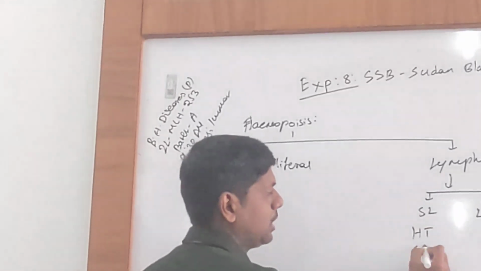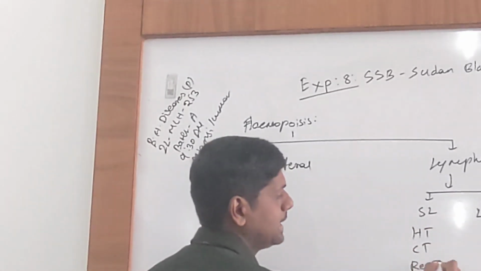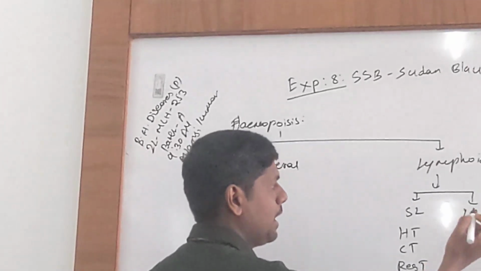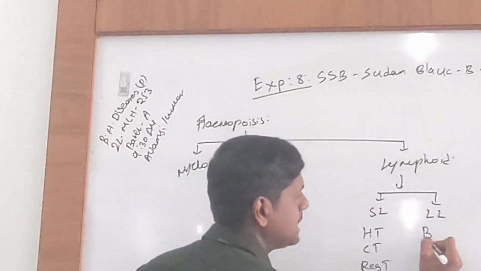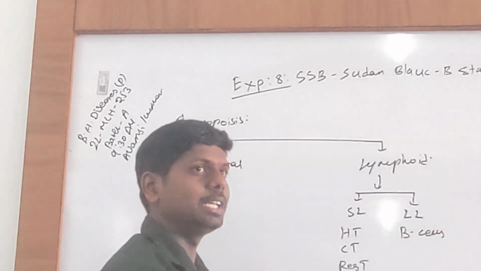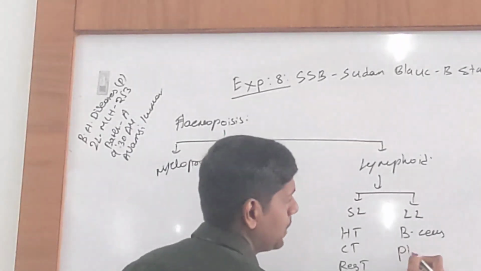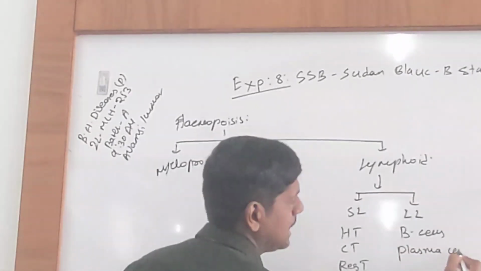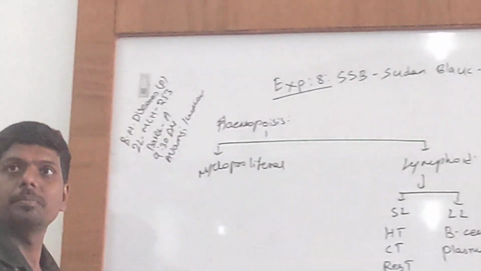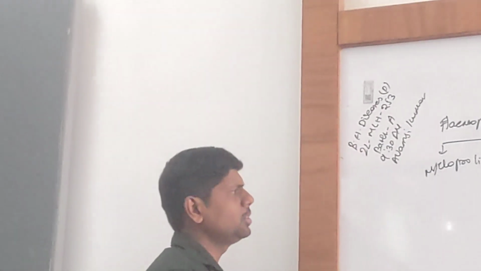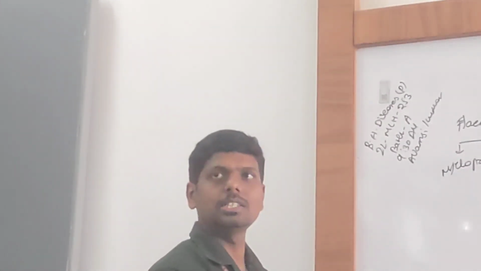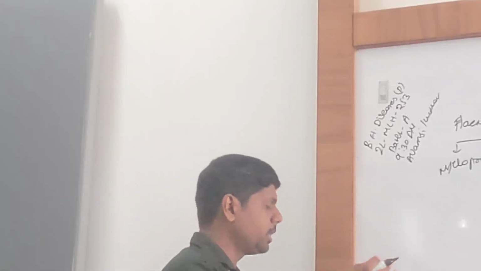Helper T cells, cytotoxic T cells, regulatory T cells, memory T cells, and the large lymphocytes, B cells, and the activated B cells are called plasma cells. Then coming to the myeloid lineage, here we have three lineages.